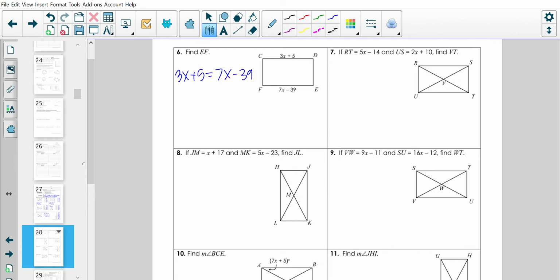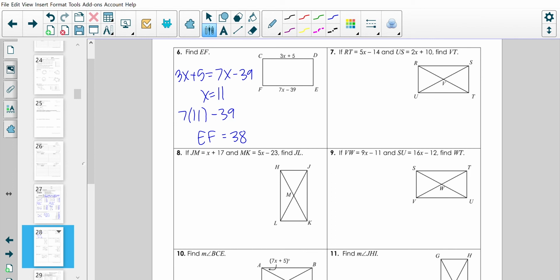You're setting them equal. When you put that in, what do you get for x? 11. Did it ask me for x? No. What did it ask me for? In this case, you could plug it into either one and you should get the same answer, but it's always good practice to plug it into the one it asked for. What do you get? 38. So EF equals 38.